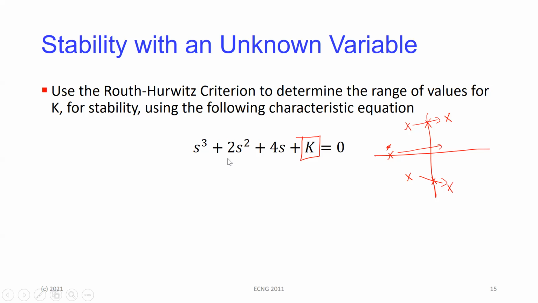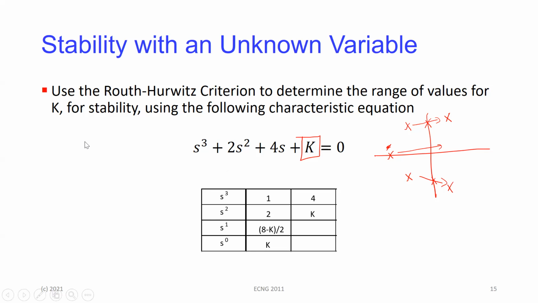So how do I determine what is the value of K that will make that happen? We go to the same Routh-Hurwitz criteria, and we fill in the table exactly as we do, except that K is now a variable inside of there. So you fill in the S cubed and the S squared rows. So 1 and 4 and 2 and K is now here.